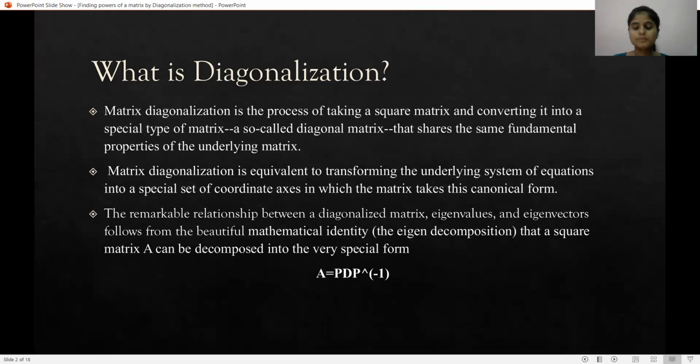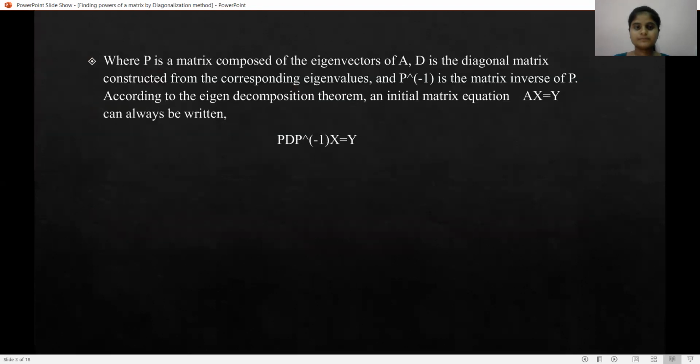A is equal to PDP inverse, where P is a matrix composed of the eigenvectors of A, D is the diagonal matrix constructed from the corresponding eigenvalues, and P inverse is the matrix inverse of P. According to the eigendecomposition theorem, an initial matrix equation Ax = y can be written as PDP inverse x = y.